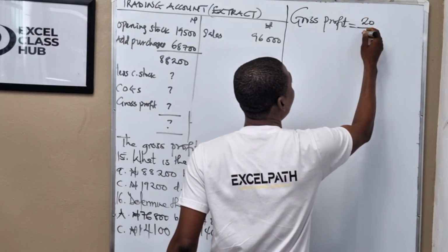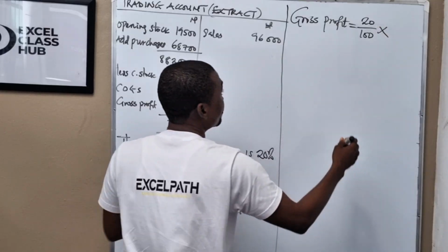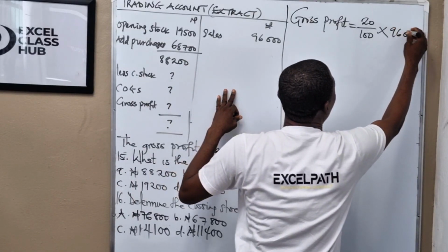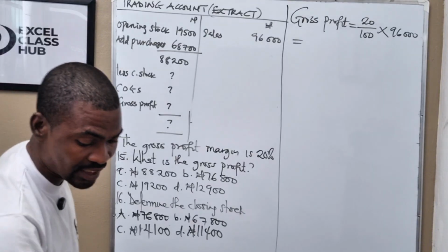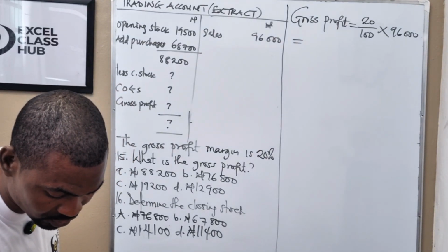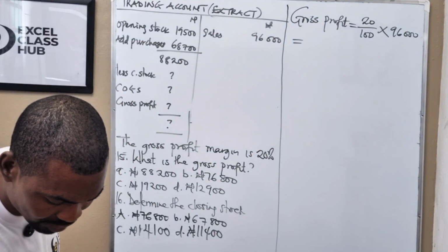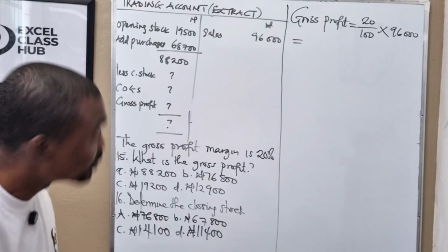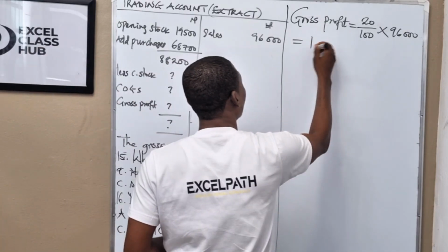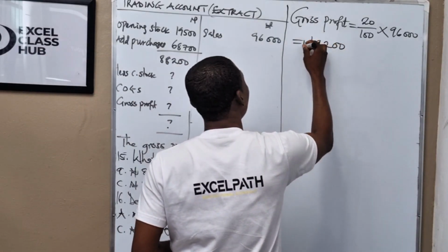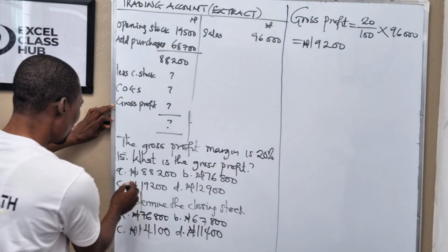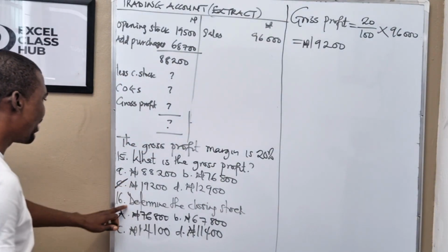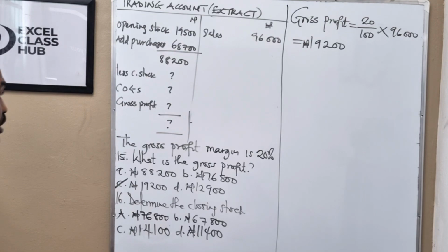That's 20 over 100 times 96,000, which will give us 19,200. And that is option C.